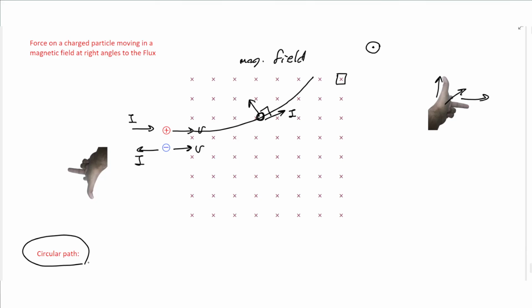Now, if you have a negative charge and the field is still into the page, index finger into the page, but negative moving to the right means current to the left. So the force will be downwards and it will move downwards in a curved or circular path. Once it is moving outside the field, it will continue moving in a straight line. This also will continue in a straight line.